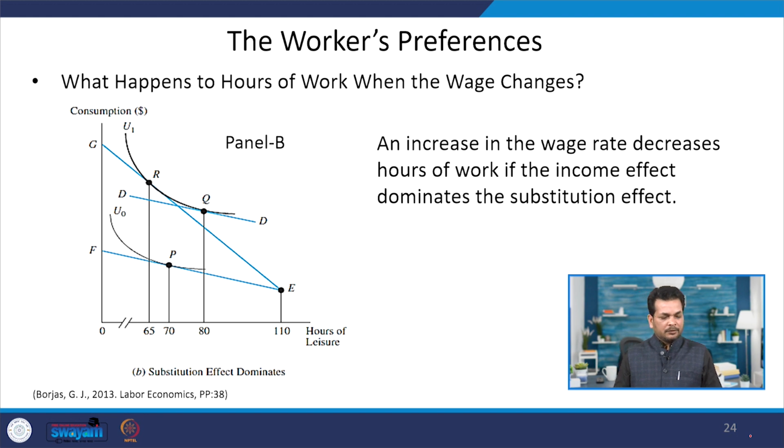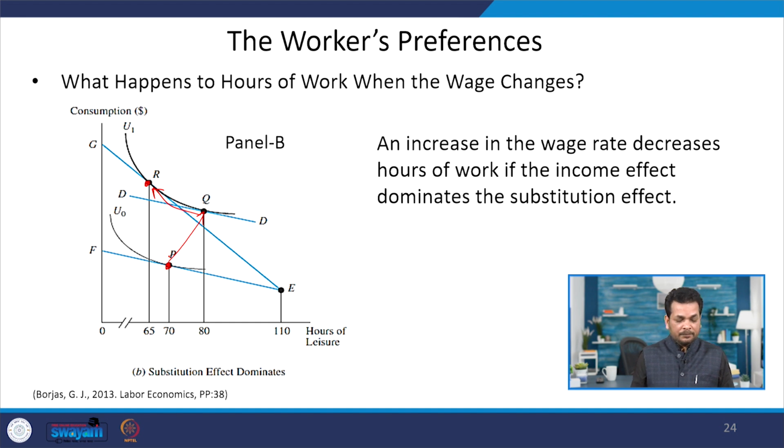Now, moving from point P to point R happens through point Q. Earlier, at the initial stage, the worker is at equilibrium at point P, maximizing his utility.